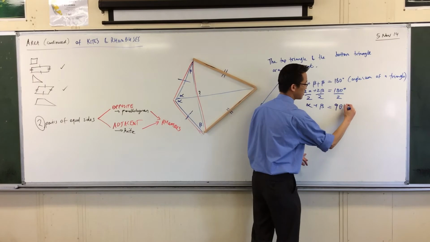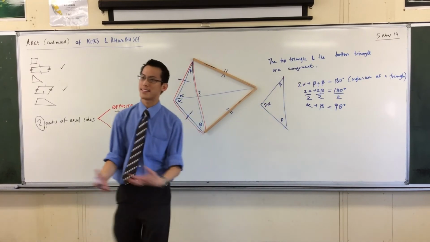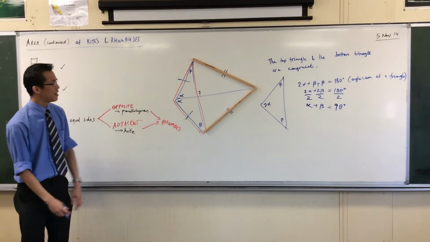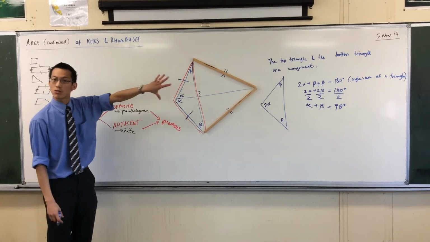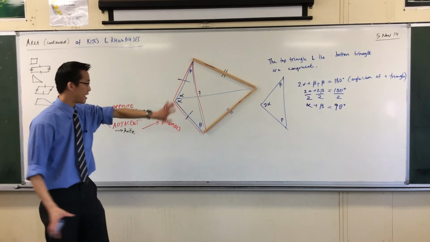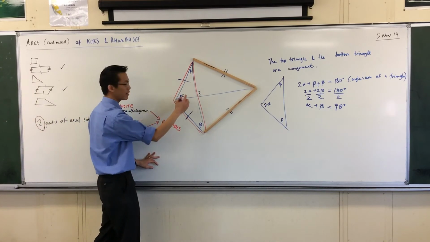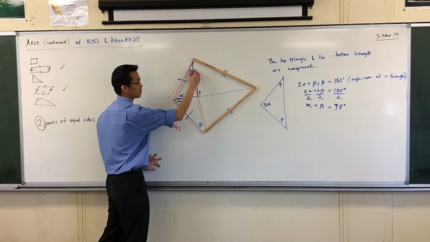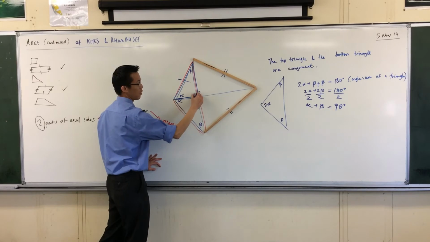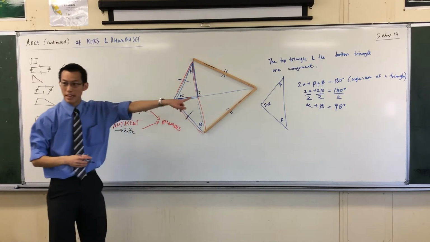All right, now why is this significant? And why does this get us to what we were after? Come back to your original kite. I hope you've got your kite there, it might look a little bit different. See how alpha and beta are here in this triangle? Well, I'm going to do that whole angle sum thing all over again.